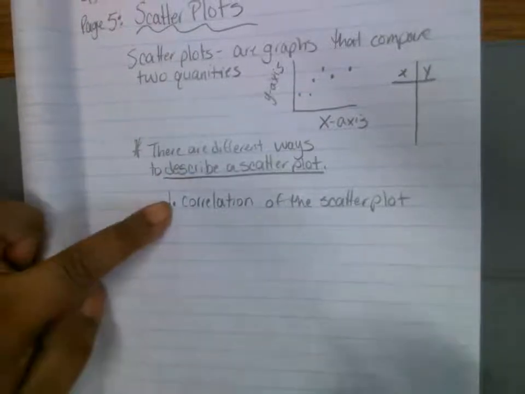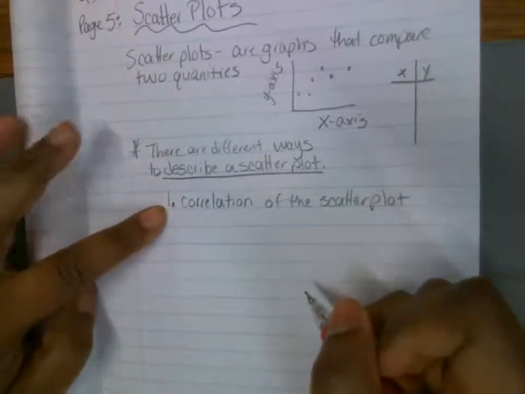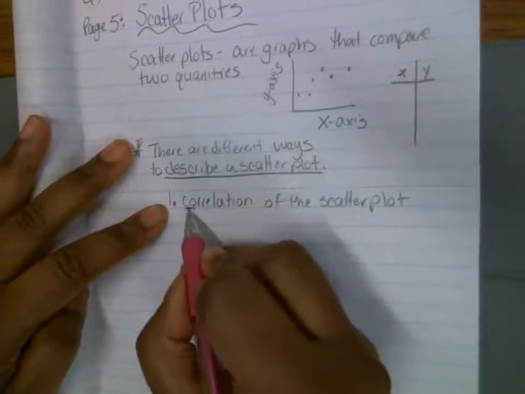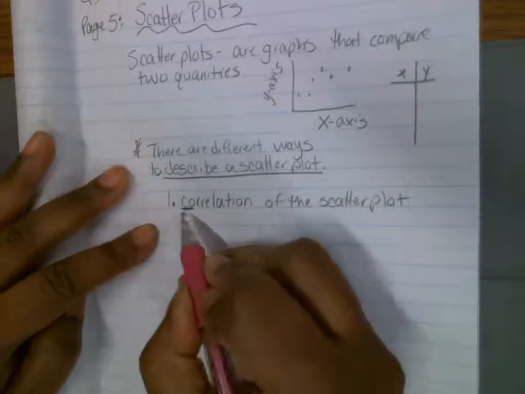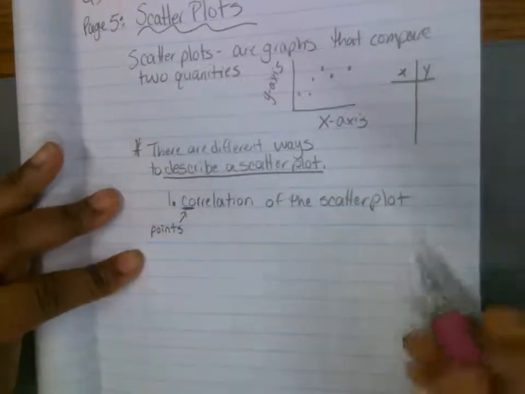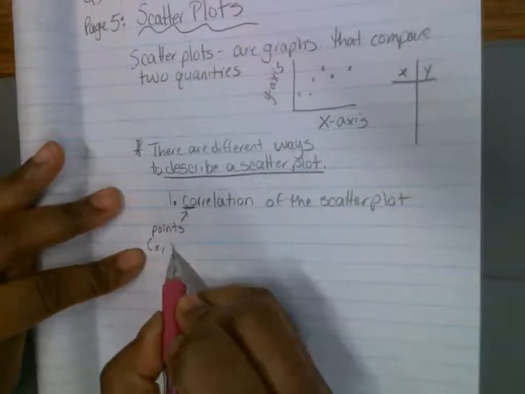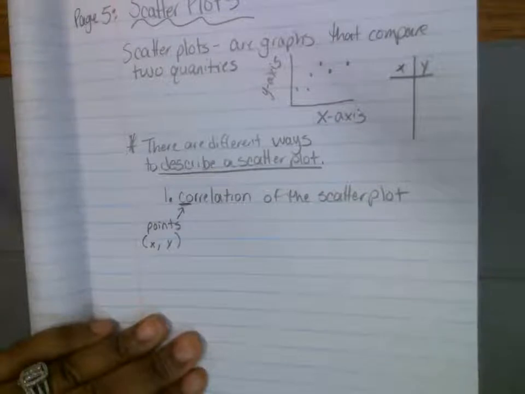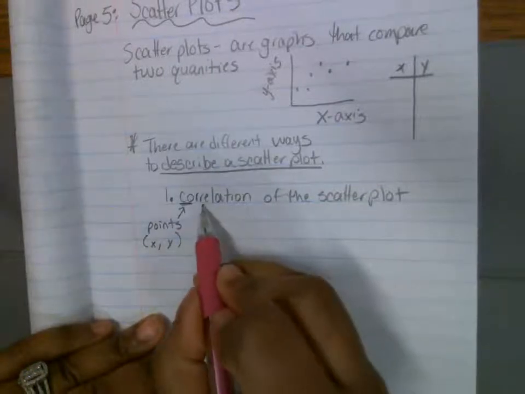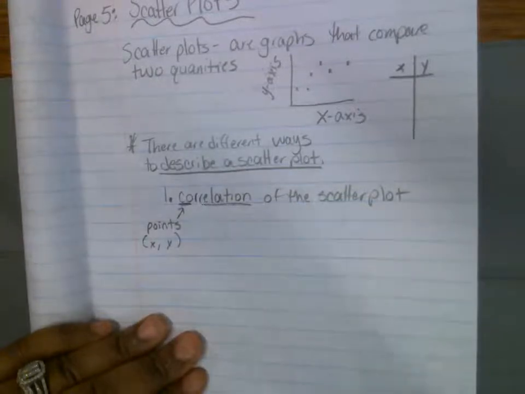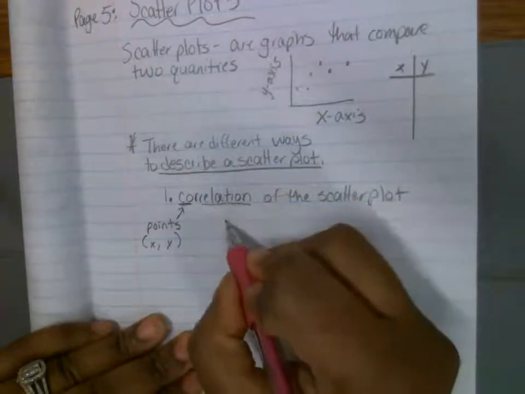I'm going to break down the word correlation just to make this a little simpler for you. This prefix co is talking about points or ordered pairs, your x and your y points. This word on the back end, relation, is a set of points or a set of ordered pairs.